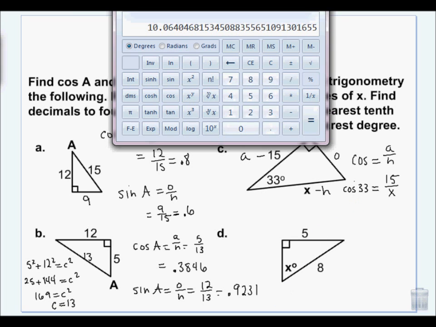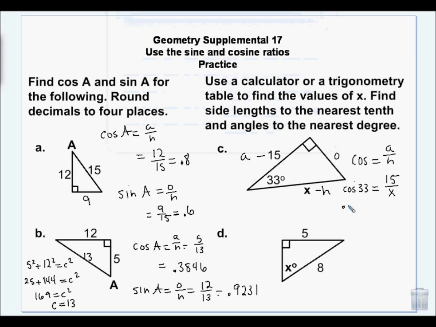To find the cosine of 33, I would either go to a table or I can use this calculator. It's 0.8387. So x is equal to 15 divided by 0.8387. So it's 17.9.